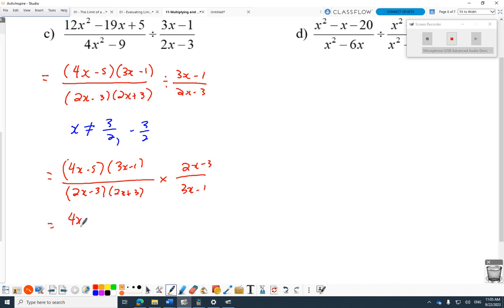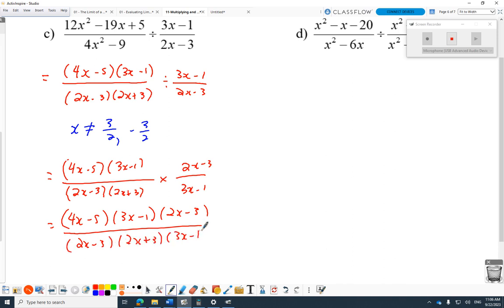4x minus 5, 3x minus 1, 2x minus 3, over 2x minus 3, 2x plus 3, 3x minus 1. Get my blue pen out. Look for cancels. 3x minus 1 goes. 2x minus 3 goes.